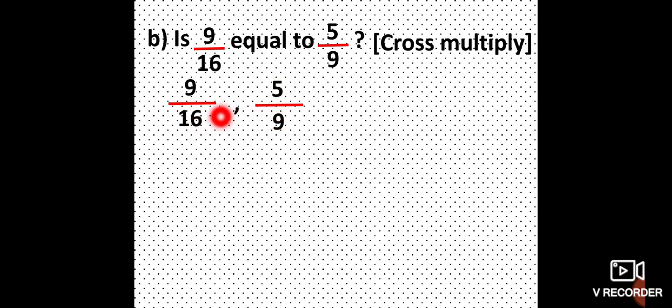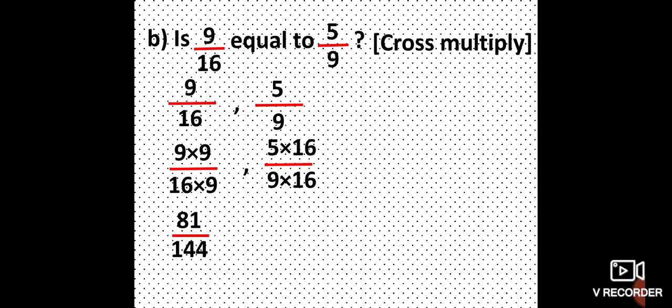Just like 5 into 16, 9 into 16. That is 81 by 144 and 80 by 144.